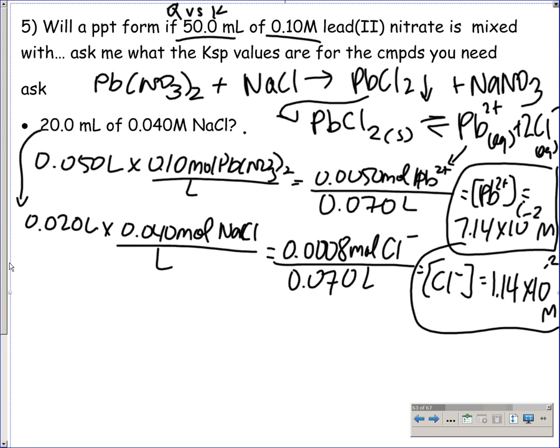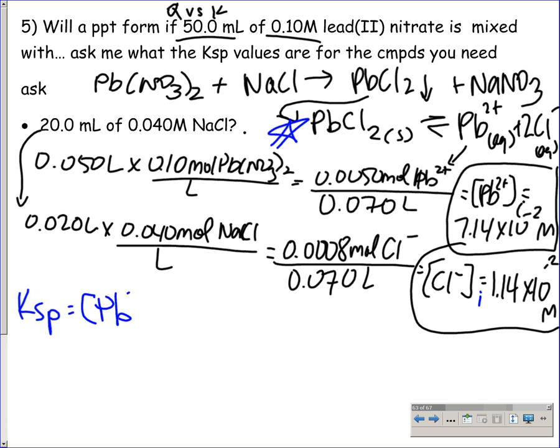Okay. Now, the whole big deal of this was to compare Q to K, right? So if I have both of my initial concentrations, my Ksp we actually haven't written yet. Using this equilibrium, Ksp equals what? Give me the format, the expression. Pb2+ times Cl- squared.